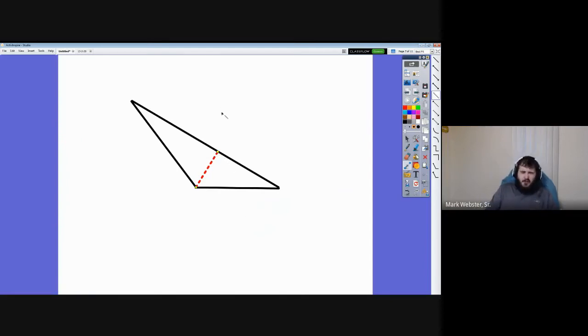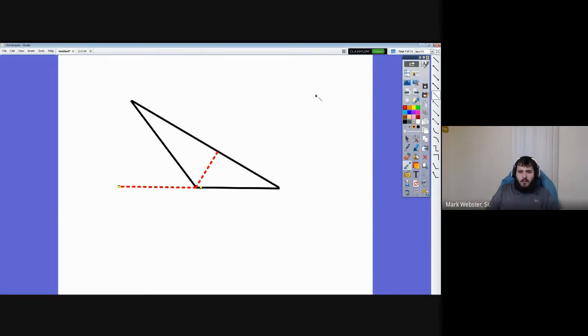But for these other two, if I try to drop, I can't drop a perpendicular down to that side. I can't make it perpendicular. I have to go straight down, right? Because this is a horizontal. So what I'm going to do is I'm going to be like, okay, well, maybe what if I extend this out? Like that.